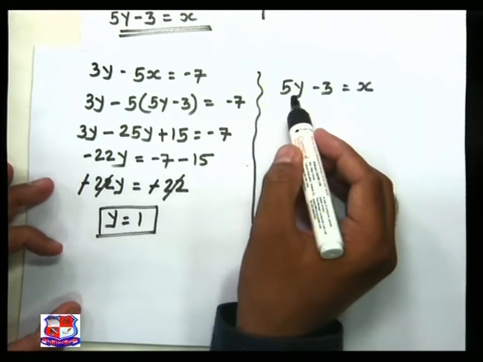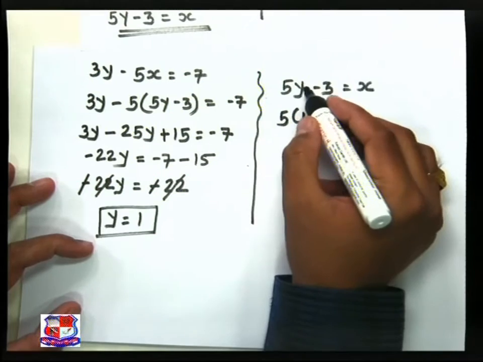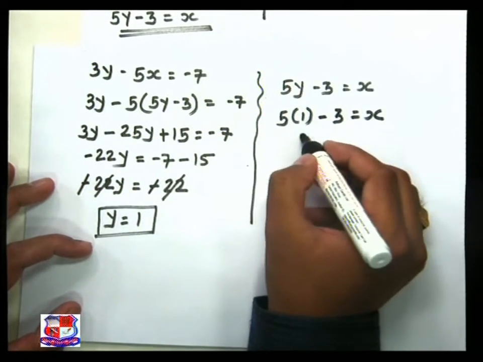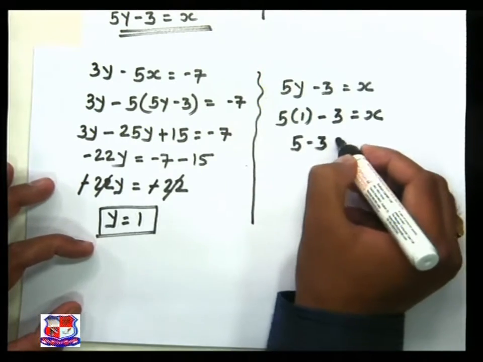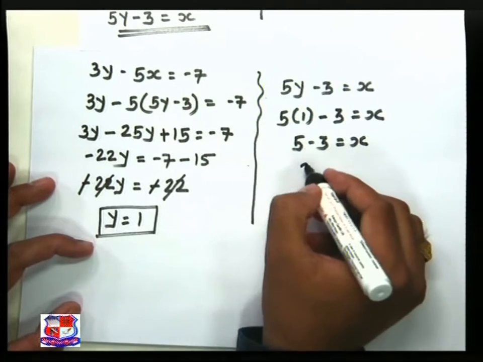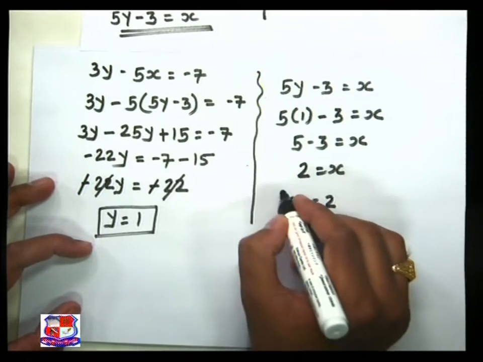So y equal to 1, then replace y equal to 1, minus 3 as it is, here x, 5 into 1 that is 5, minus 3 is equal to x, and 5 minus 3 is equal to 2. So x is equal to 2.